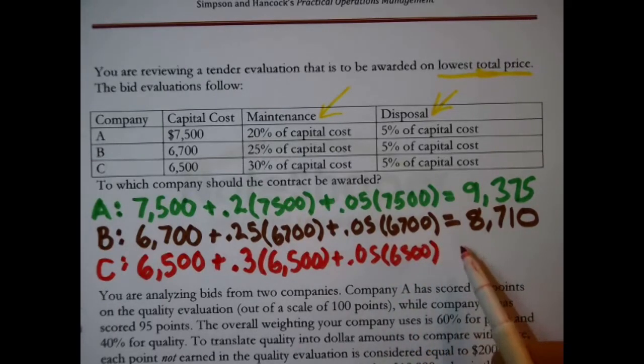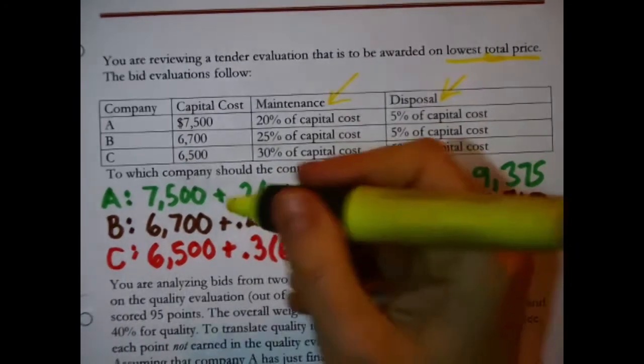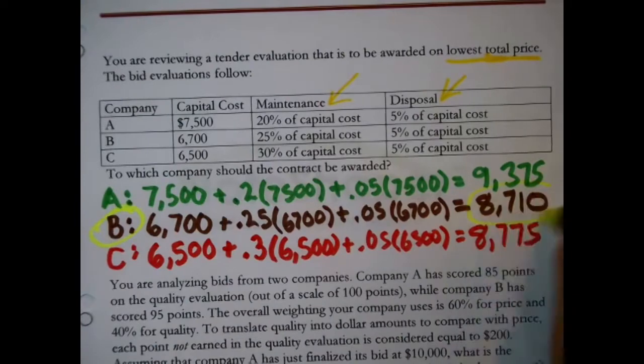What does that all add up to? I get 8,775. Now, we're trying to answer the question, to which company should this contract be awarded? You're looking for the lowest cost, and we see here that it's company B. That is the answer. Company B.